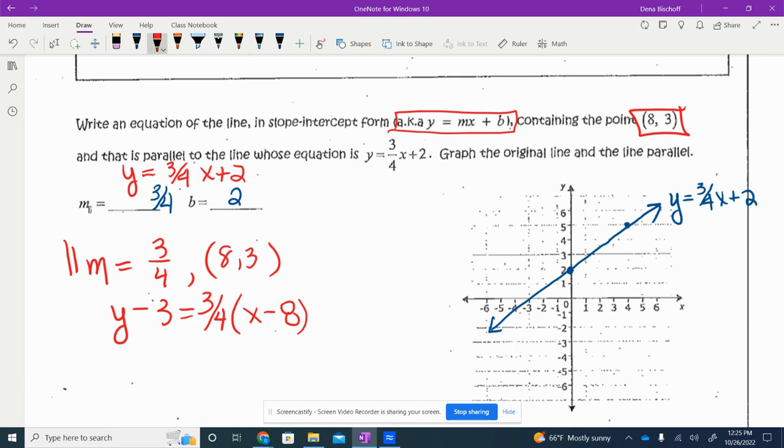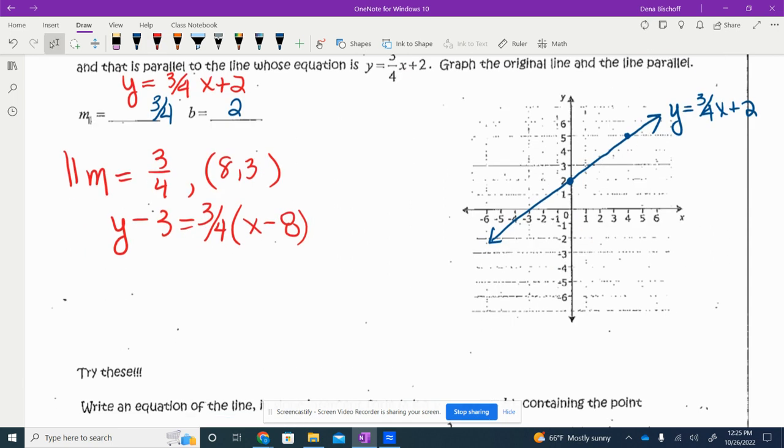How do we put that in the right form, Kane? We distribute. So 3/4 times x is 3/4 x. 3/4 times 8/1: 3 times 8 is 24, and 4 times 1 is 4.